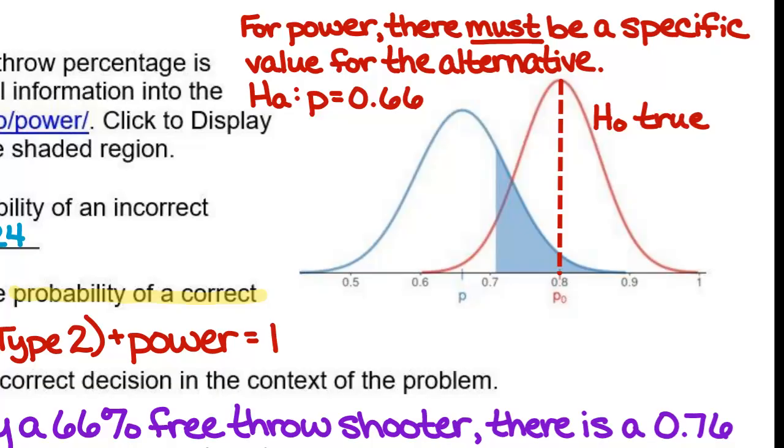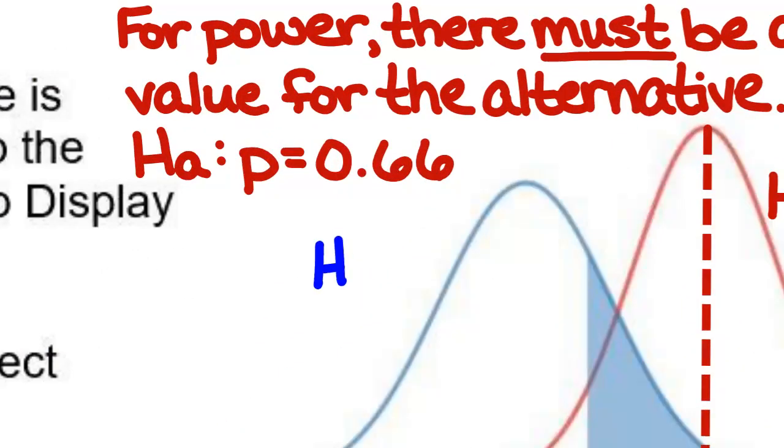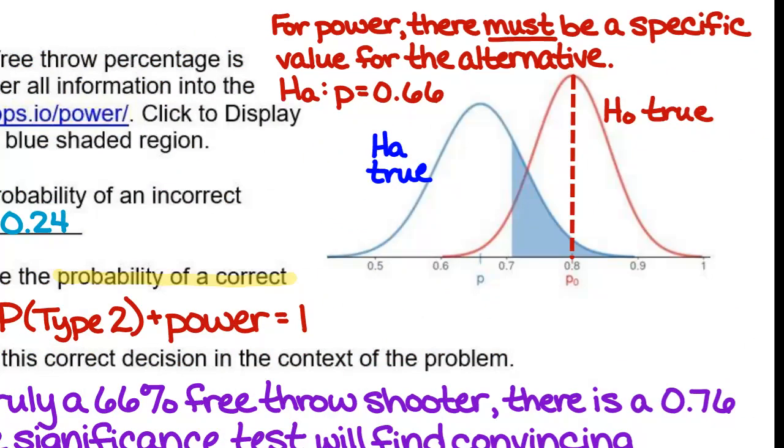If the null hypothesis is true, this is what the population distribution would look like. And if the alternative hypothesis is true, that's represented by this slightly shorter and more spread out normal curve. That's my alternative hypothesis.